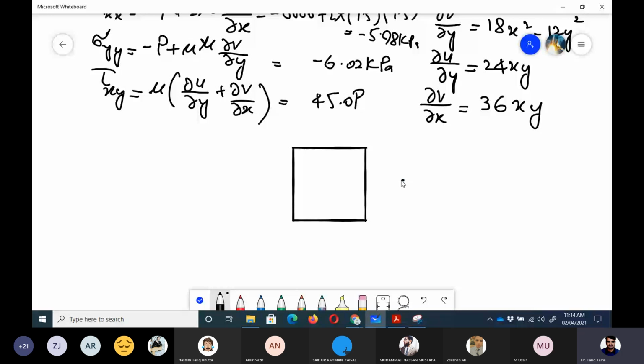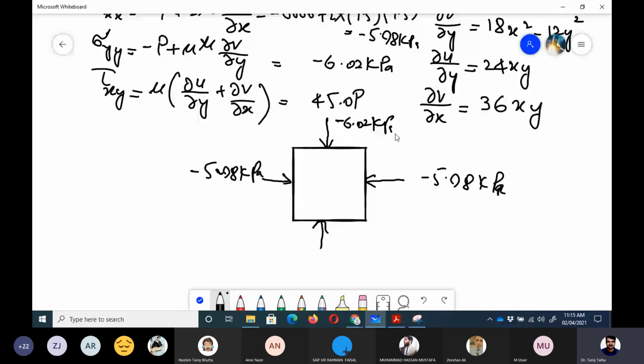So it would be something like this, minus 5.98 kilopascal. It is telling us that the pressure component is quite dominant rather than the other stress component. And for sigma yy, that is minus 6.02, it is again compressive stress, so that would be minus 6.02 kilopascal on both faces.